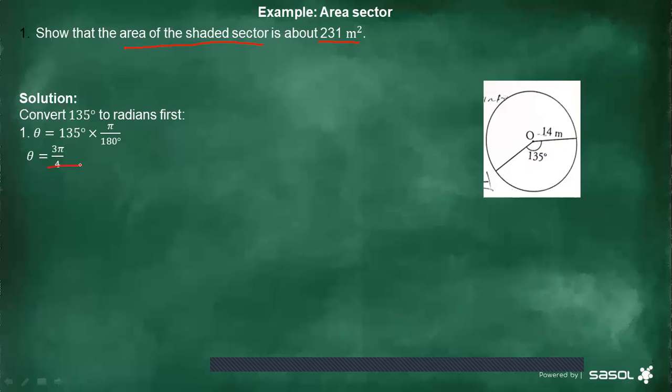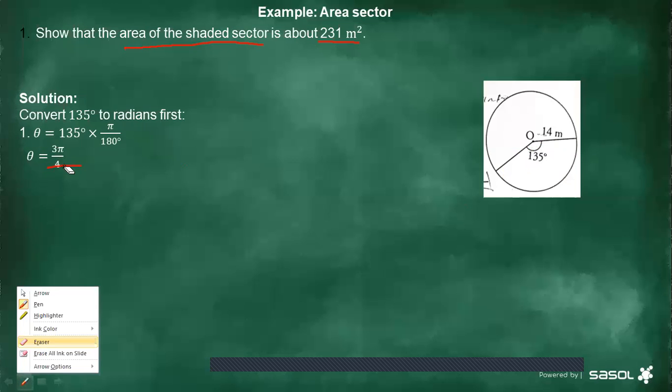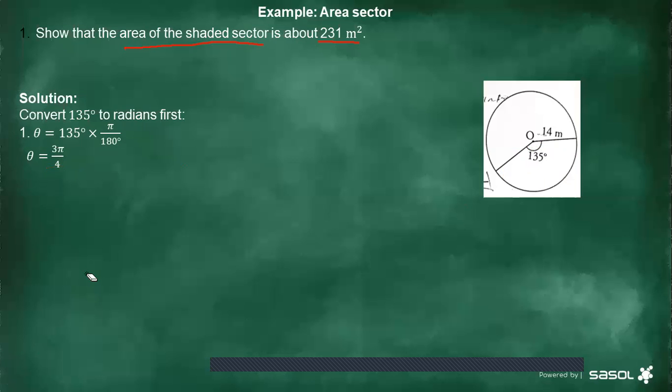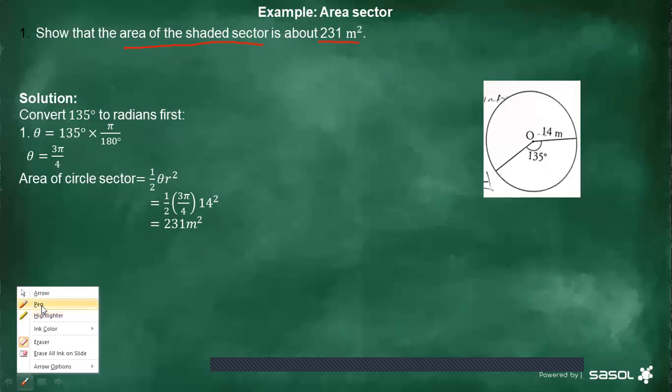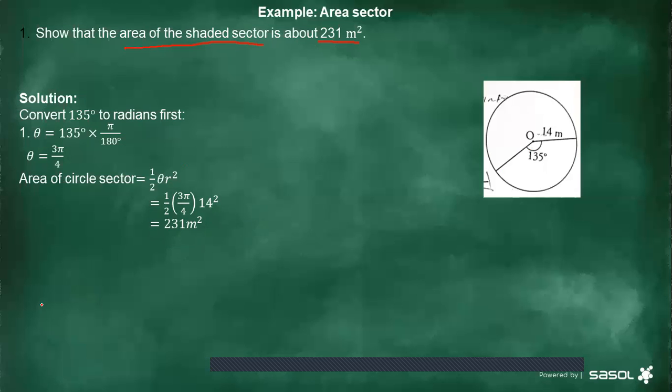So now our theta is in terms of radians. Then we can calculate the area of a sector. You write the correct formula for that, you substitute the values, you just press your calculator, and it's going to give us that value, which is 231 meters squared. So that's how you should calculate the area of a sector.